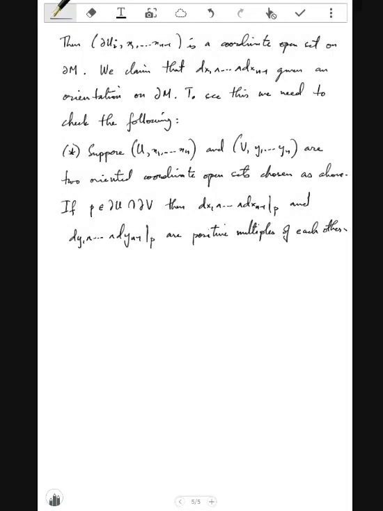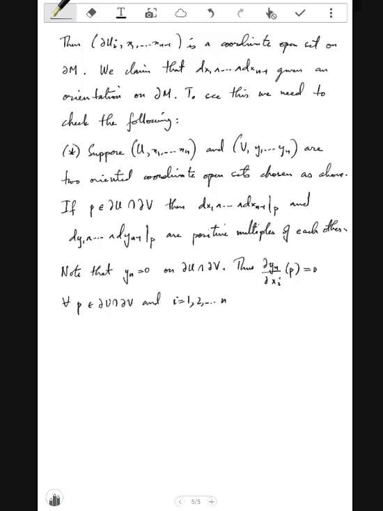So let's check this. Note that yn is equal to 0 on boundary of U intersected boundary of V. Thus, the partial derivative of yn with respect to xi at P is equal to 0 for all P in boundary of U intersection boundary of V and i equal to 1, 2 up to n minus 1.